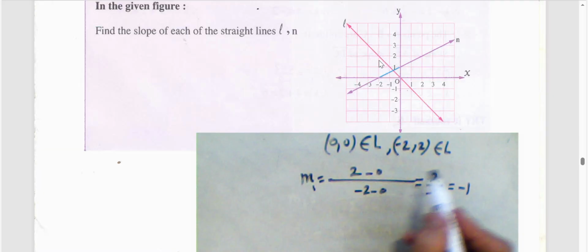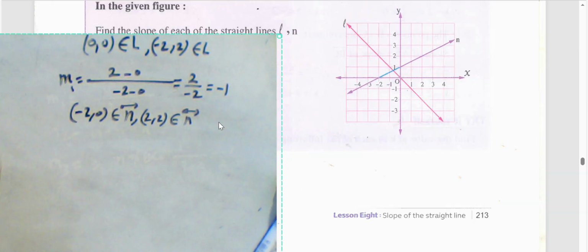That is the slope of straight line L. Now choose 2 points belonging to N, like this point, -2 and 0, belonging to N, and also choose a point like this, 2 and 2, belonging to straight line N. Then we can find the slope.